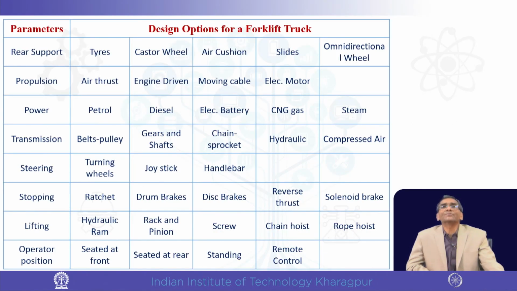Here, as we said, look at the chart, the 8 parameters are placed on the left hand side column in rows. Against, say, rear support, how the rear can be supported: tires, it can be caster wheel, air cushion, slide.